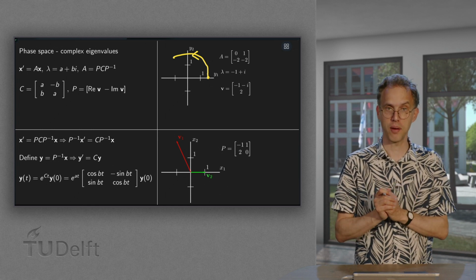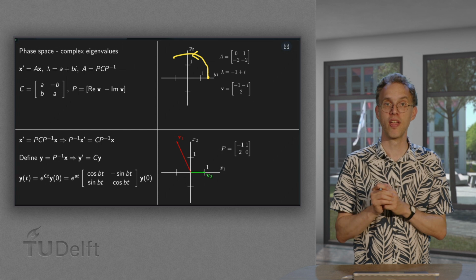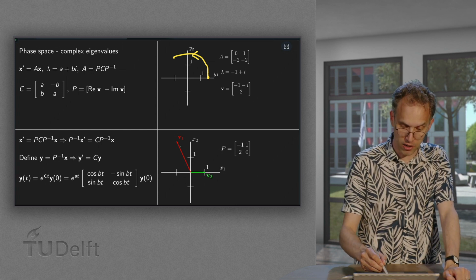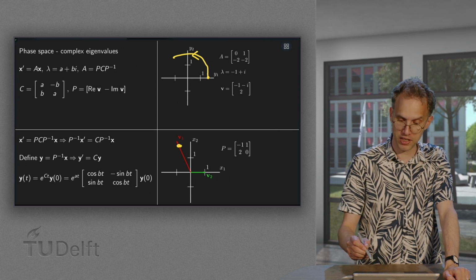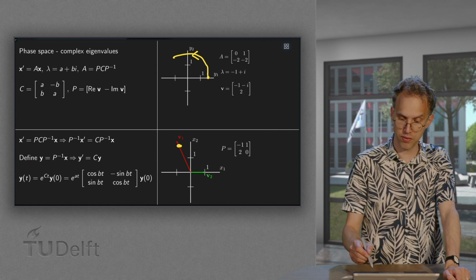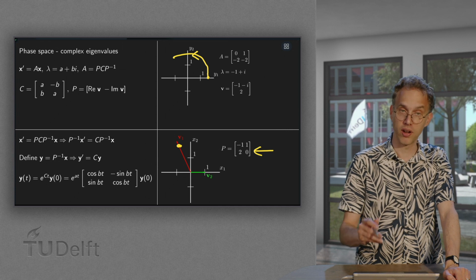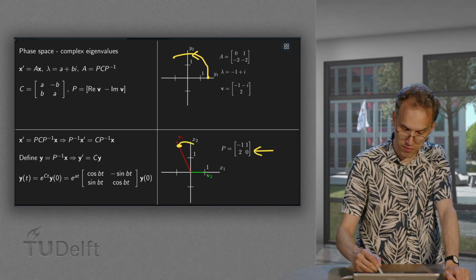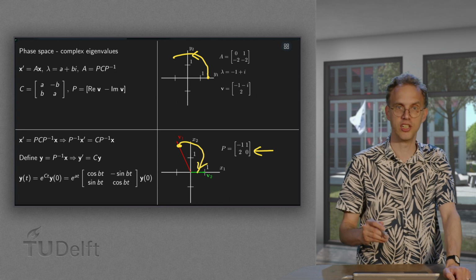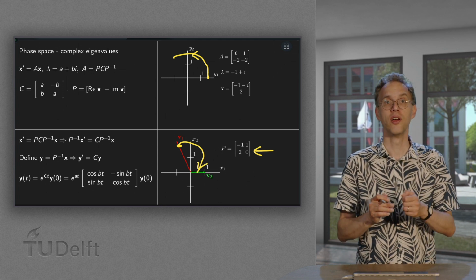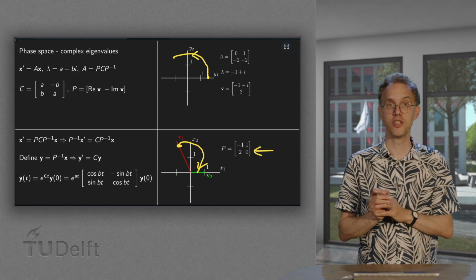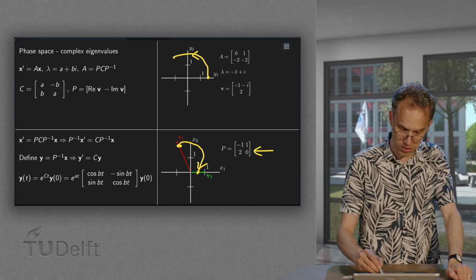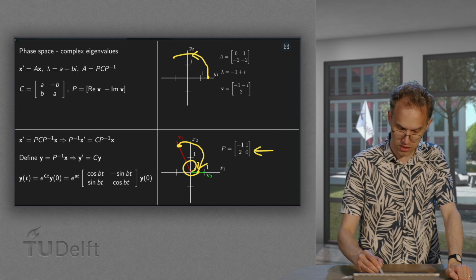So that's what's going to happen in our figure in the x space as well. You get the v1 and the v2 from the P matrix. We are rotating from the positive v1 axis to the positive v2 axis, so in that direction. And of course, due to the e to the power minus t, also getting smaller and smaller. So this looks something like this.